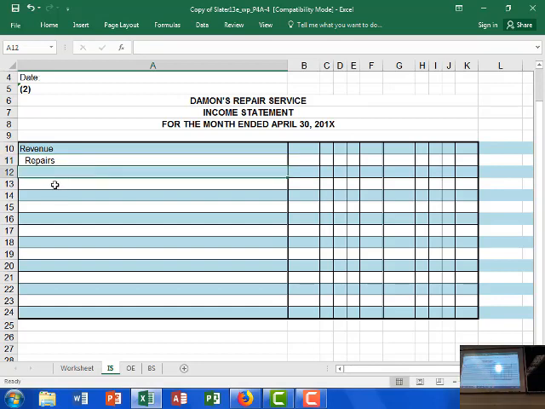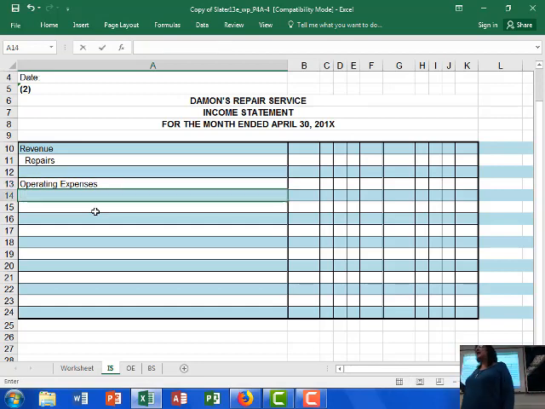Then skip a line. Now you're going to put your company's operating expenses. Remember, it's operating expenses because those deal directly with the company. In the income statement, you do not put withdrawals at all. It's just the expenses. So what expenses do we have?